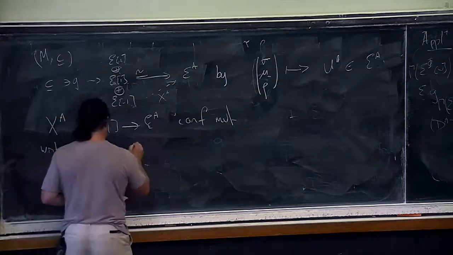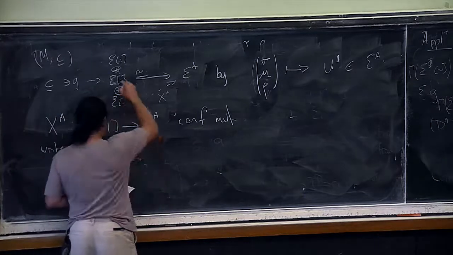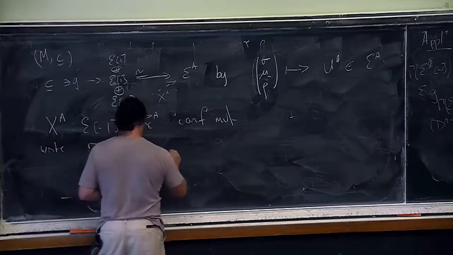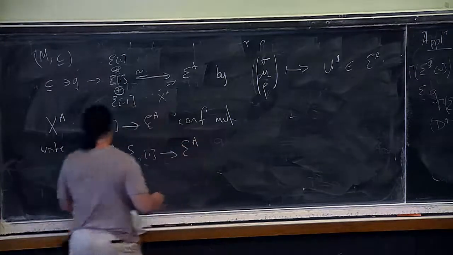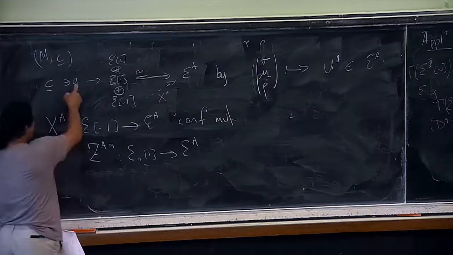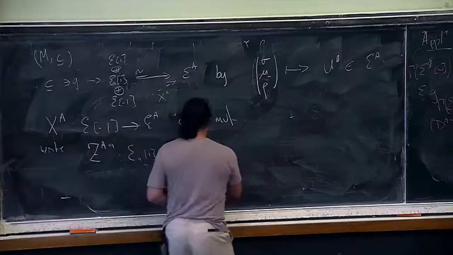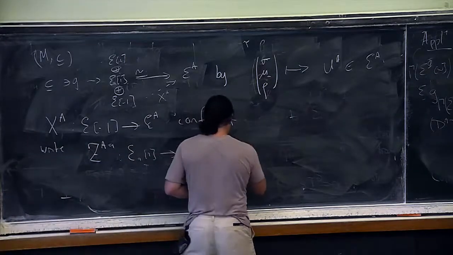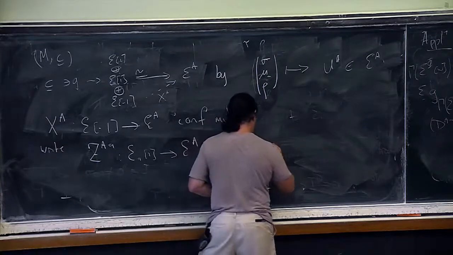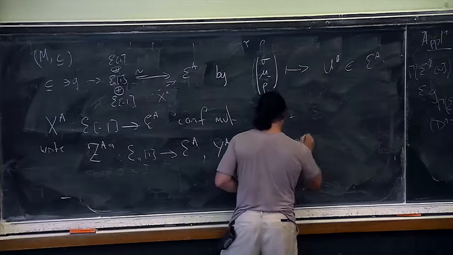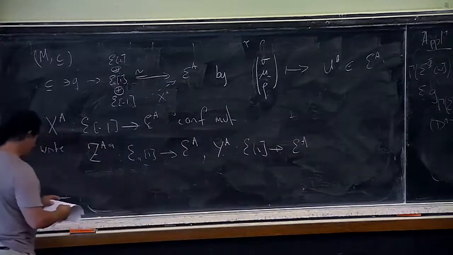So I write ZAA for the thing that takes the middle slot and puts that into tractors. This depends on the metric, okay? But I've picked a metric. And then YA takes densities of weight 1 and puts them in the top slot. Again, it depends on the metric.